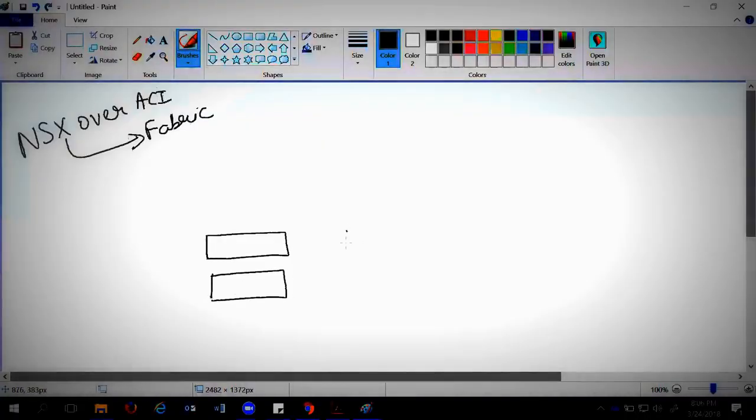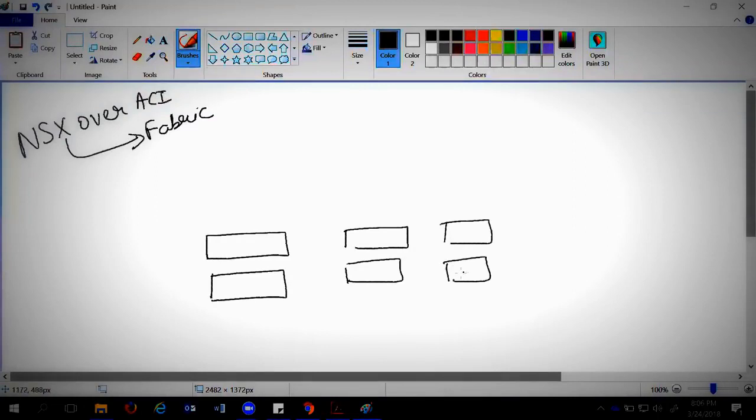Now the idea is that when you have your ESXi servers, usually we design them according to the NSX basic design topologies. We try to create things in this way: we would have a management cluster, MGMT cluster.